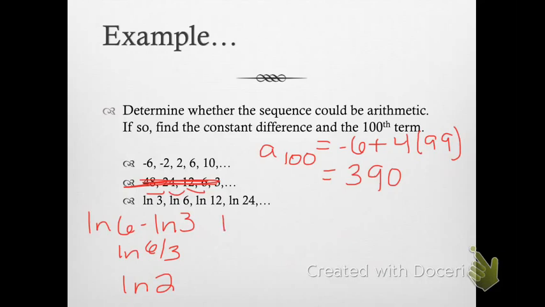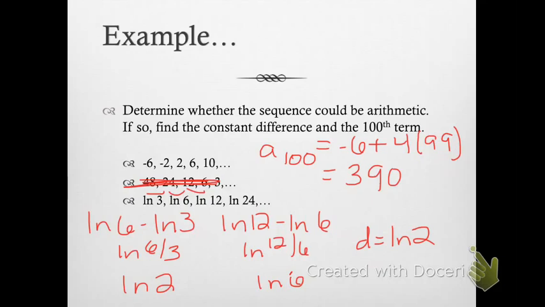And that'll happen again with the next one. So we have a common difference in this one of the natural log of 2. So pause this if you need to jot that down, because I'm going to erase it.